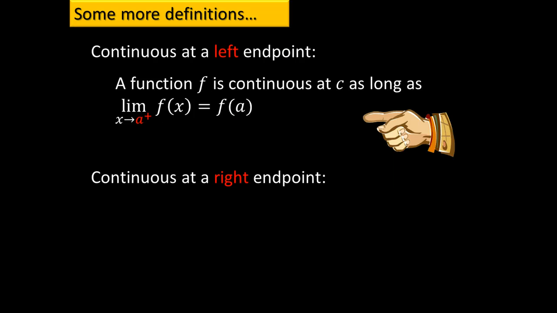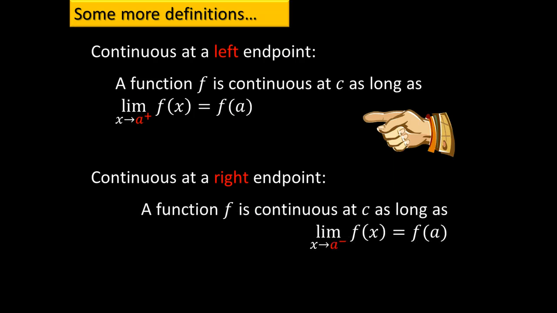Similarly, to be continuous at a right endpoint, we would need the limit as we approach it from the left side to equal f of a, and then our function is going to be continuous at that right endpoint.